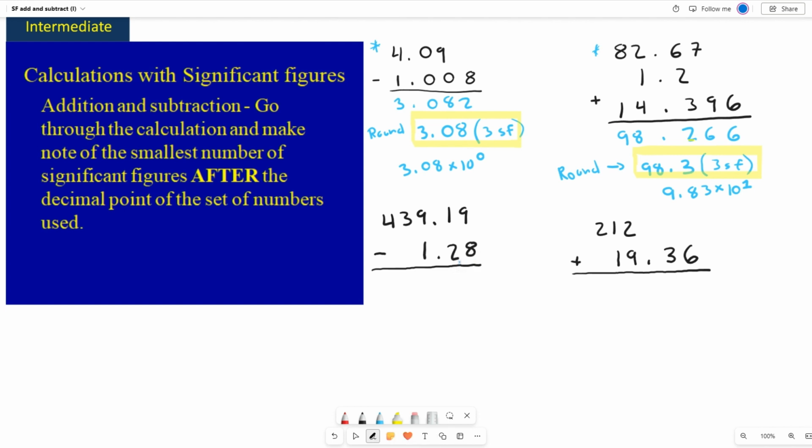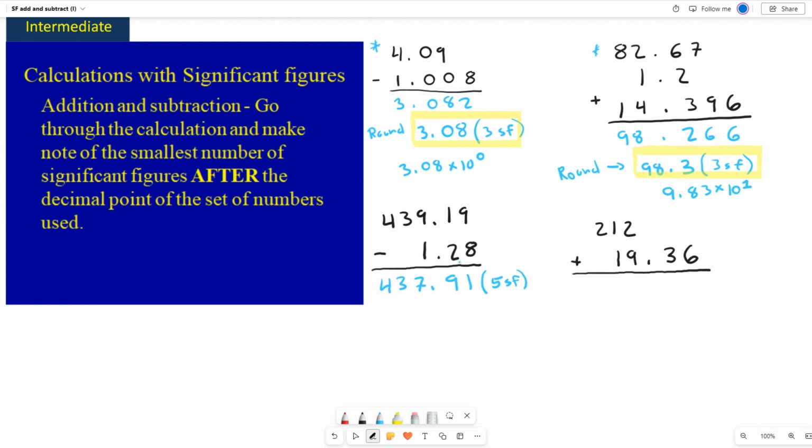So if you take 439.19 minus 1.28, you get 437.91. And that's already 2 digits after the decimal, so we don't need to round it to remove any of the digits. So our answer is going to have 5 significant figures.